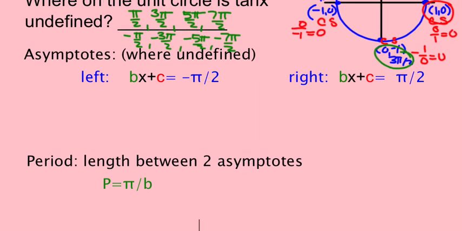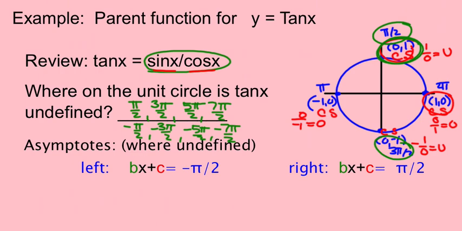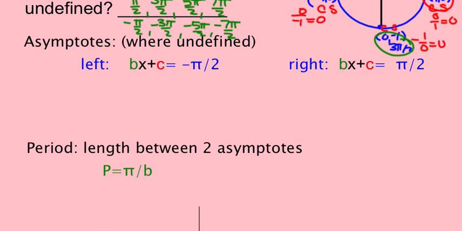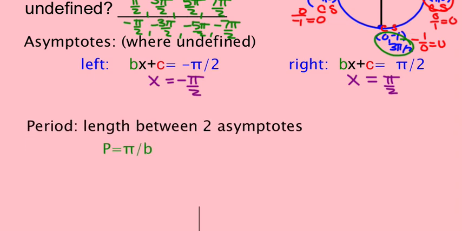Now, we do have asymptotes, left and right asymptotes. Since this is my parent function, there's not a lot of change going on here. This is my parentheses. I'm going to have an asymptote at x equaling negative pi over 2 and x equaling pi over 2. The period is the distance between the two asymptotes.